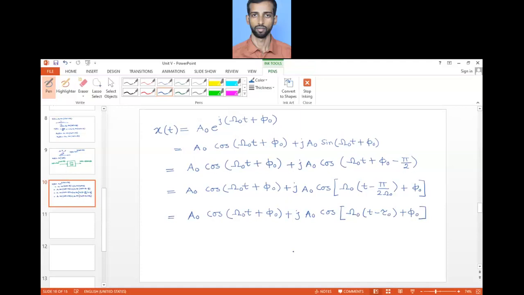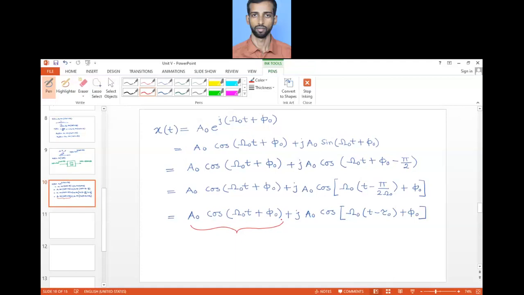So now suppose I know the response of this particular system due to the signal A naught cos(omega naught t plus phi naught). So I know what should be the response of the system due to this particular thing, and that is the input that we applied, say for example.